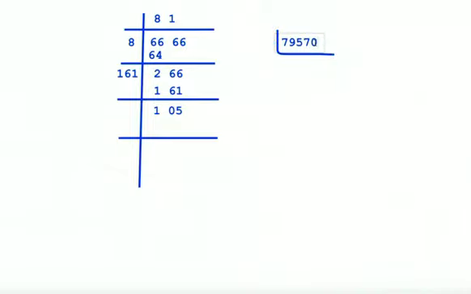I'm removing 0 because I know 10 can be written as 2 into 5. So 7 plus 5 is 12, 12 plus 7 is 19, 19 plus 9 is 28. So this will not go by 3. It will not go by 4, 5, 6, or 7. Let's check. Will it go by 7?